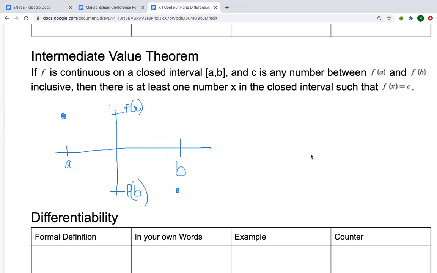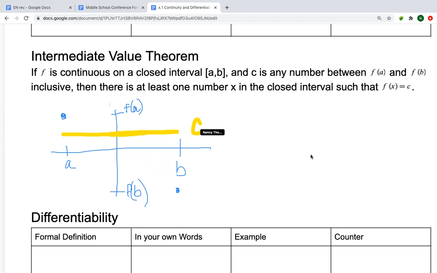It could be this direction, and it'll still hit that y value at some point. It could be a total squiggle, and it'll still hit a c value. So I'll do that one more time, but I'm going to put a c value here. So here is c. Somewhere along this line, this y value is c, okay?